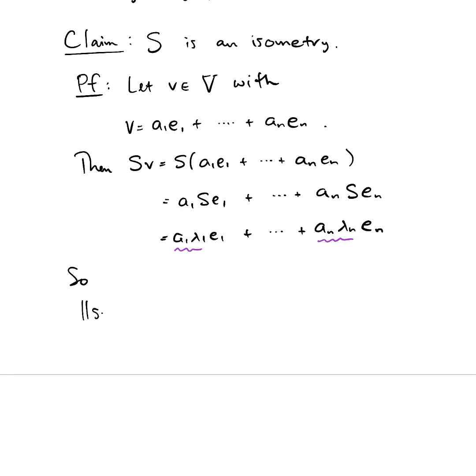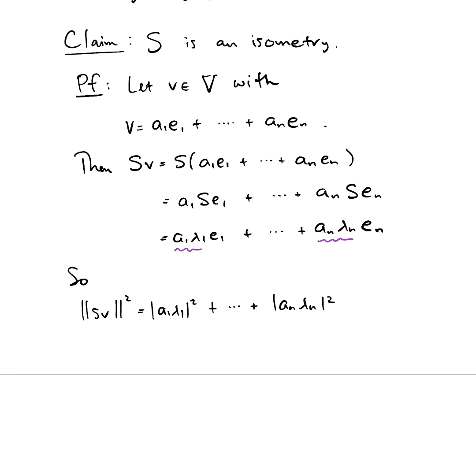So the square of the norm of SV, remember, E1 through En are orthonormal, so it's easy to read off. It's A1 lambda 1 absolute value squared plus ... An lambda n absolute value squared. That's how you find the norm of a linear combination of orthonormal vectors.